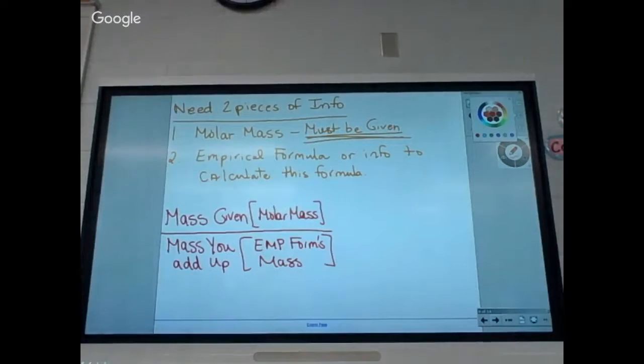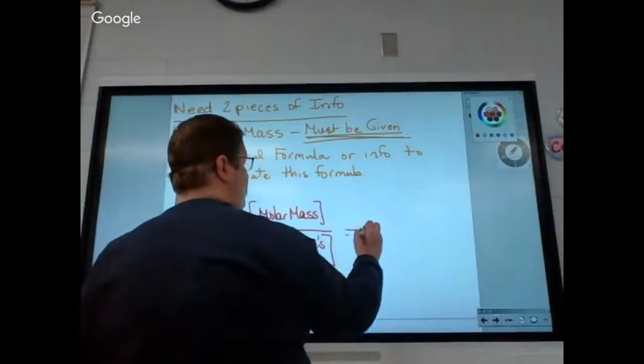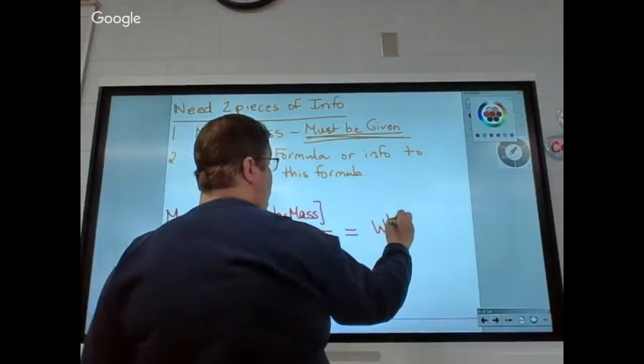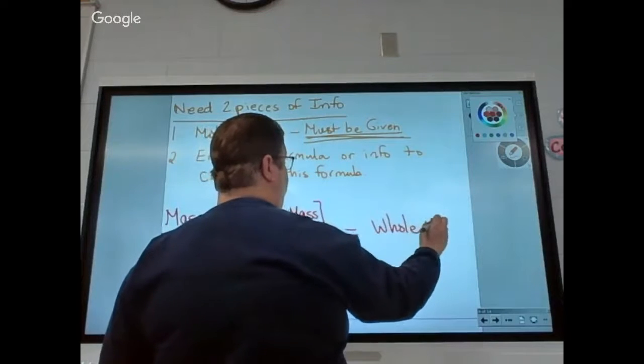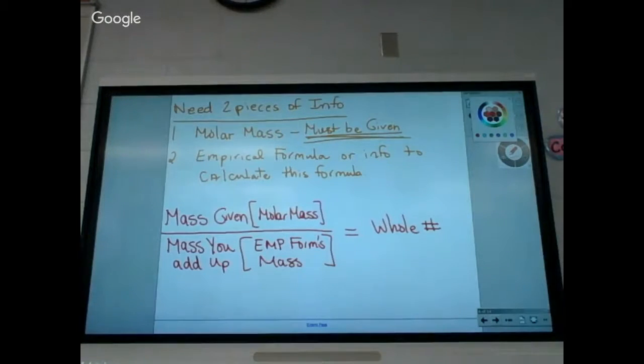Now, when you divide these two masses, you will get a whole number. If you don't get a whole number at this step, you did it wrong. You have to get 1, 2, 3, 4, 5, 6, 7, 8, something of that nature. Because this is the number that your formula was reduced by.